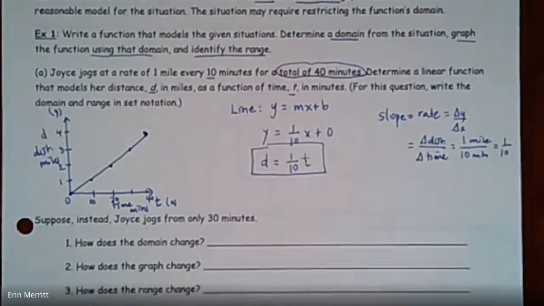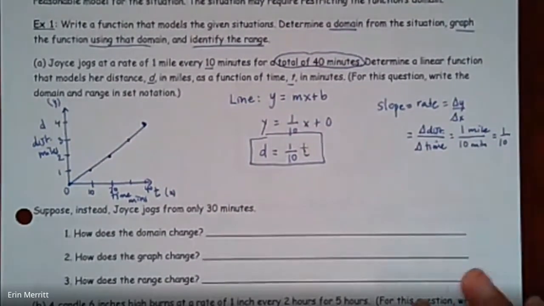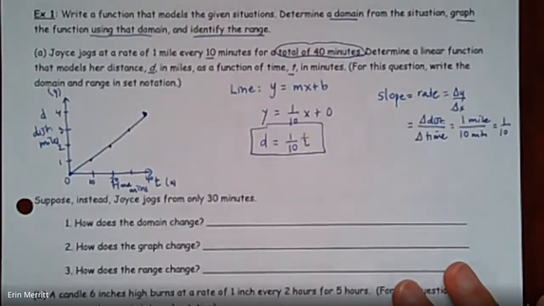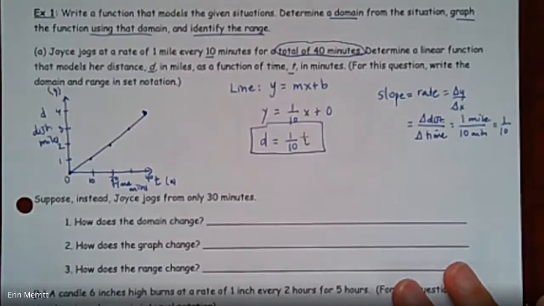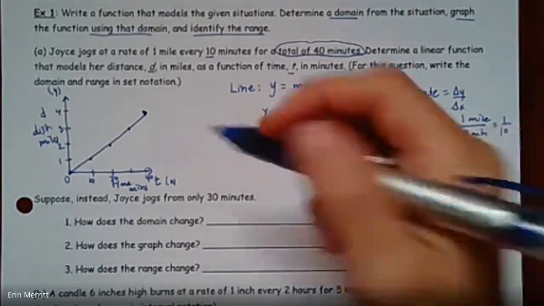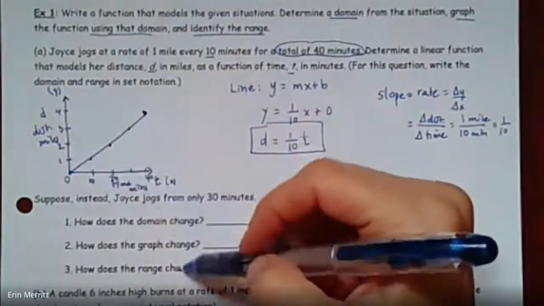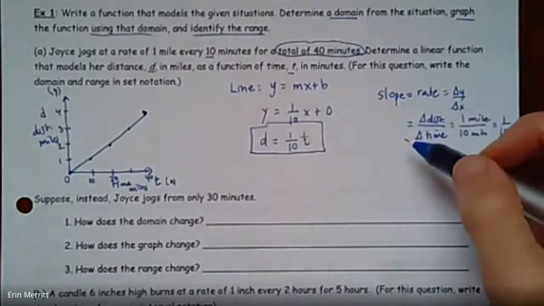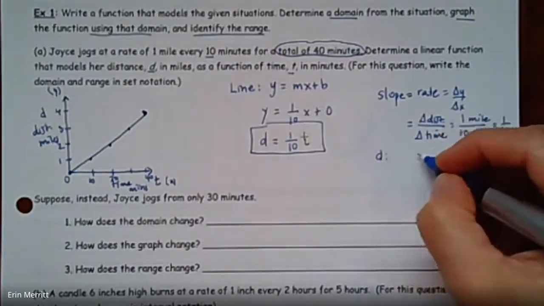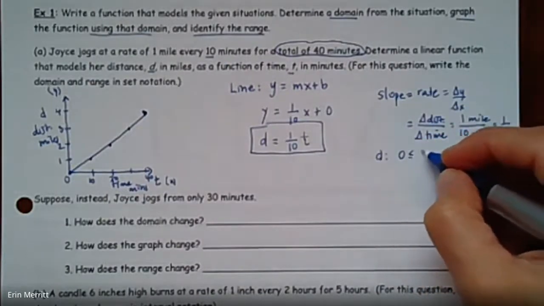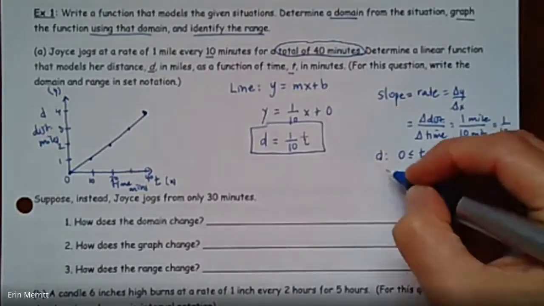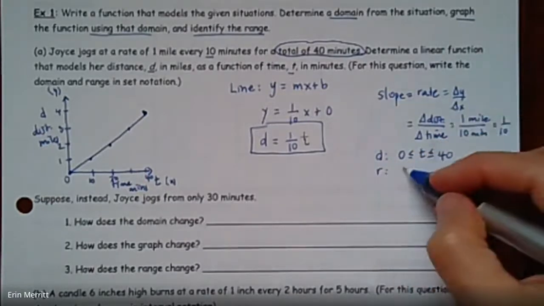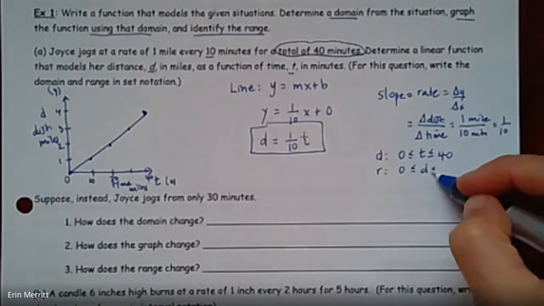All right, now it's saying suppose that Joyce jogs only 30 minutes, so she doesn't have as much time. How does the domain change? How does the graph change? How does the range change? Oh, it just occurred to me. We were supposed to talk about the domain and identify the range. So here, before we go into changing anything, for that given domain, so the domain was from t going from 0 to 40, the range then went from 0 up to 4.